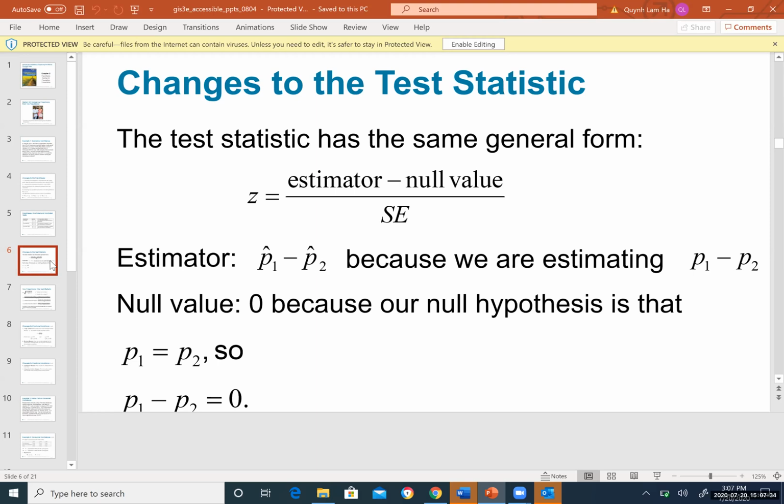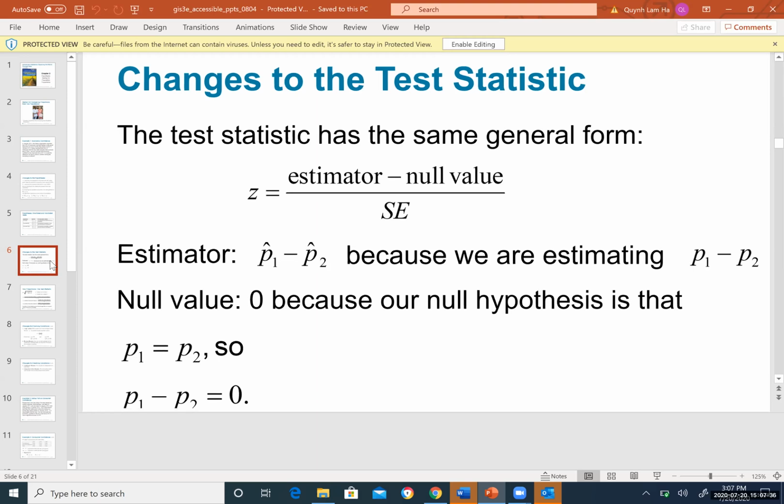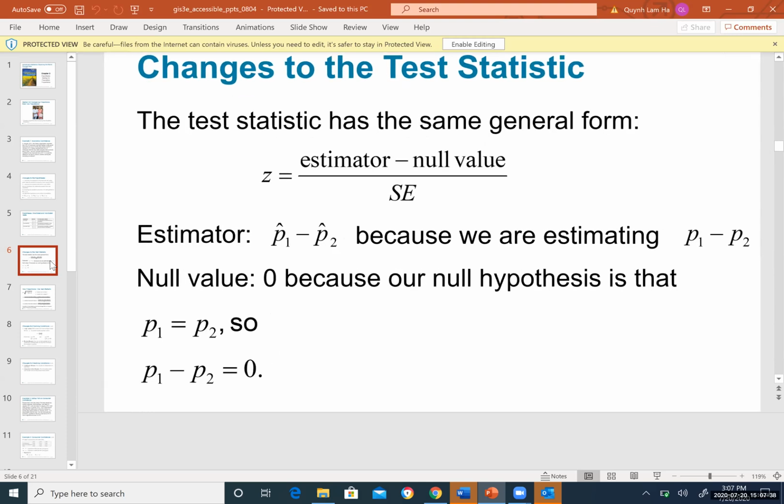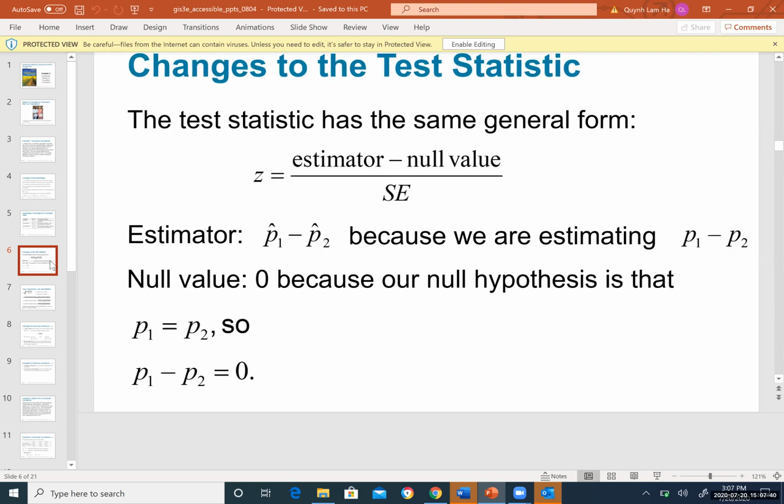And SE we will compute by using the formula. Again, the easiest way is to take advantage of StatCrunch to do it. Later I will have a slide about StatCrunch, how to run this, for you to look at and practice on.